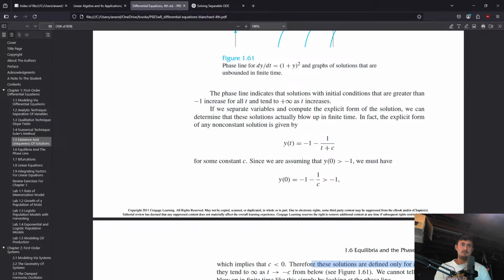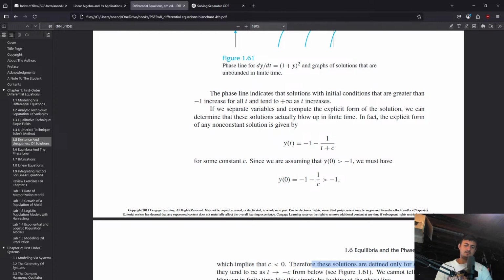But since we assumed y of 0 is greater than -1, then -1 minus 1 over c is greater than -1, which implies that c is less than 0.